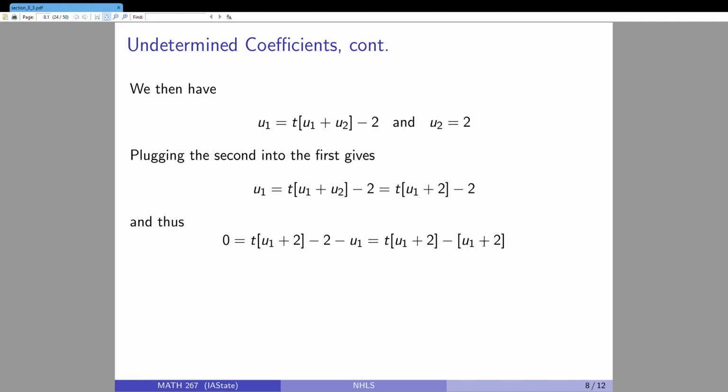So the only way that happens is if those two equations are 0, which is equivalent to u1 being negative 2. Okay, so it did actually work out in this case, but note there's even less guarantee that it's going to work now than in the undetermined coefficient case for the second order linear and higher differential equations. So here we see it's a lot more perilous, right?